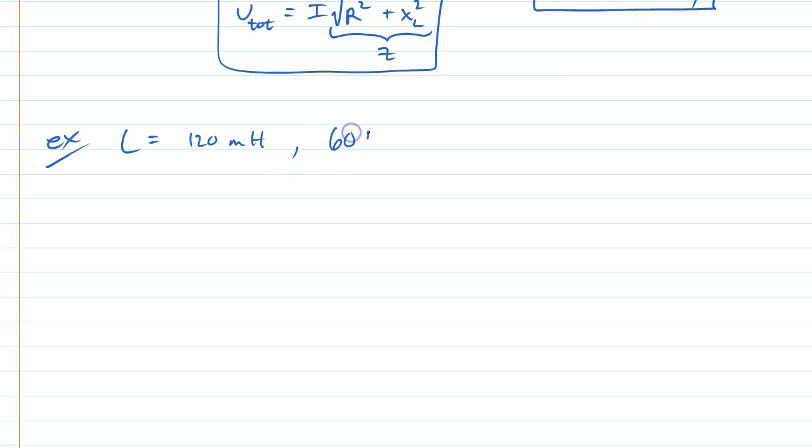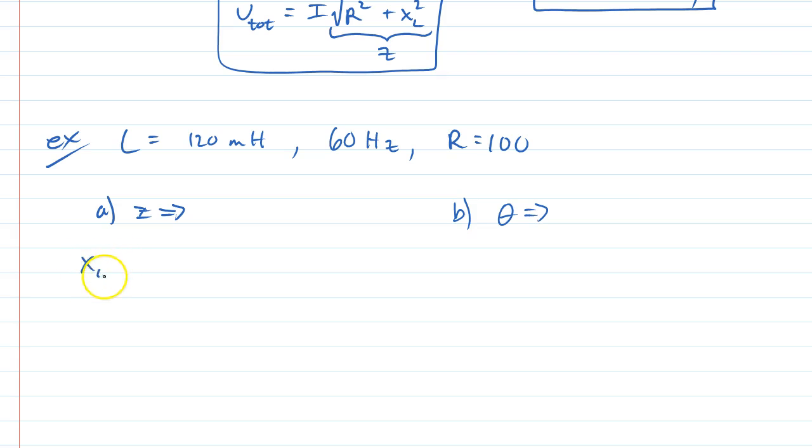It was at 60 hertz. R is 100. Now, basically, you should pause the video and find two things. Basically, find Z, the effective impedance, and then part B, you should find the angle. So give it a shot.